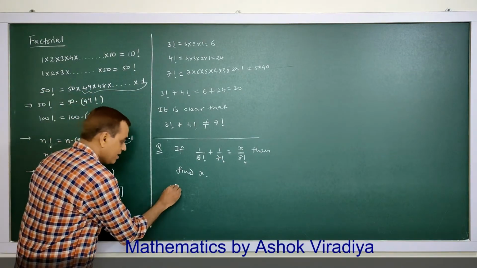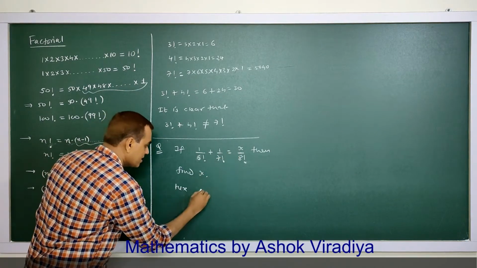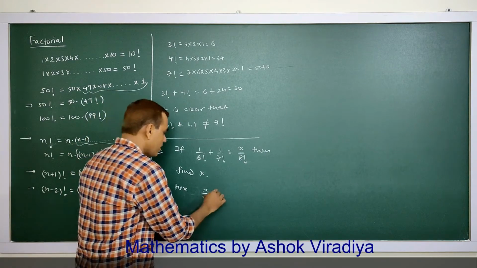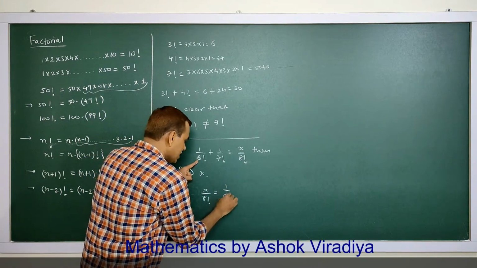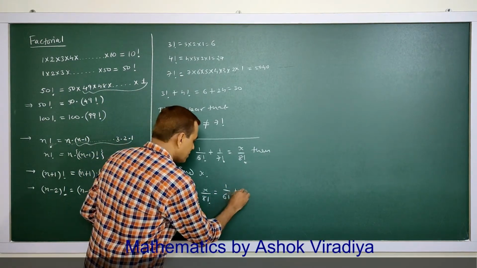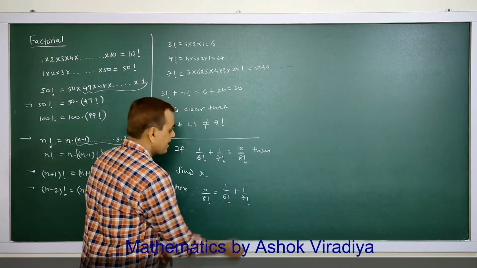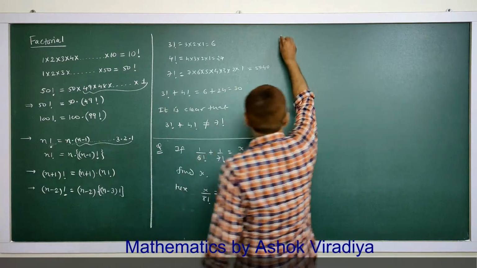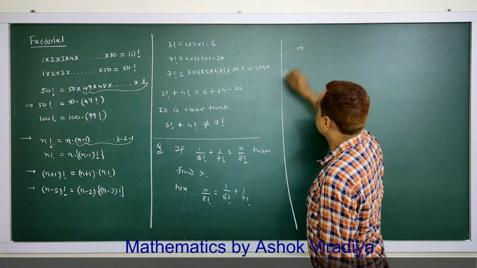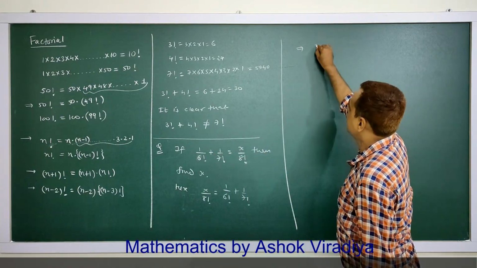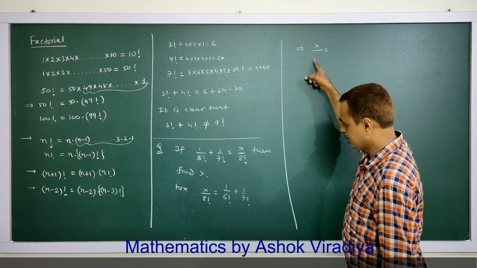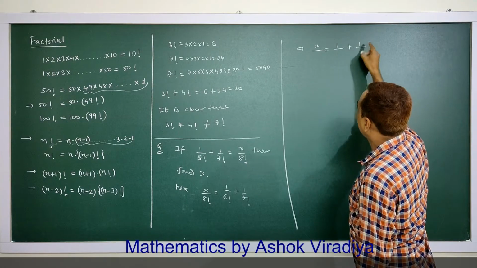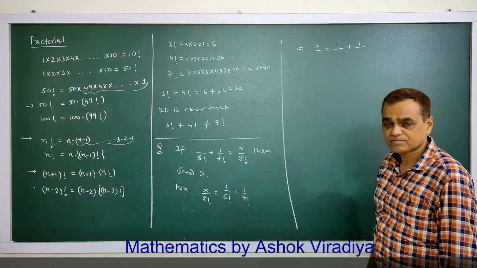So say here this is x upon 8 factorial. It is equal to 1 upon 6 factorial plus 1 upon 7 factorial. Starting from this equation, this implies x upon 8 factorial equals 1 upon 6 factorial plus 1 upon 7 factorial.